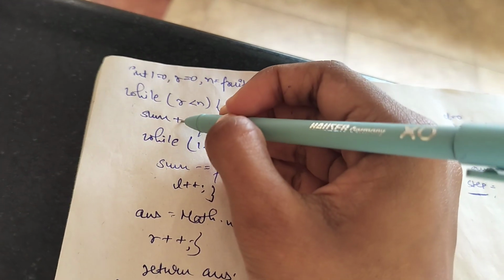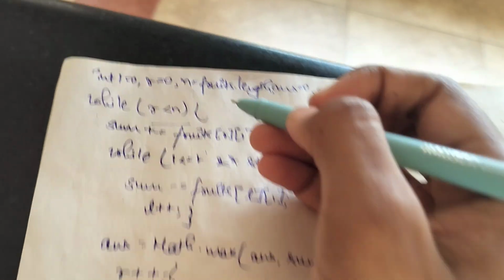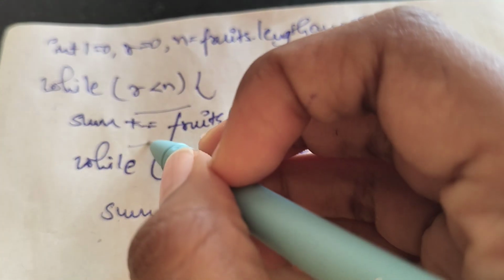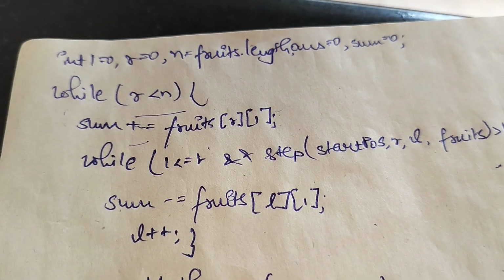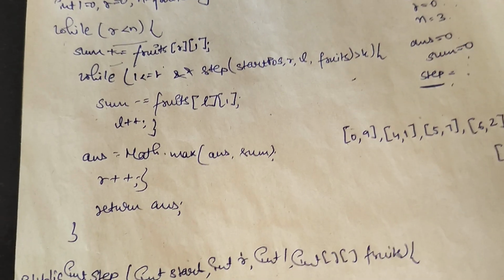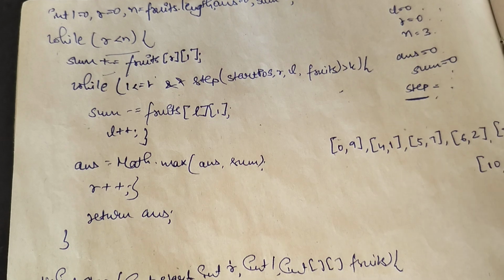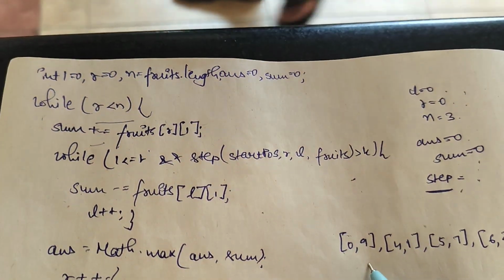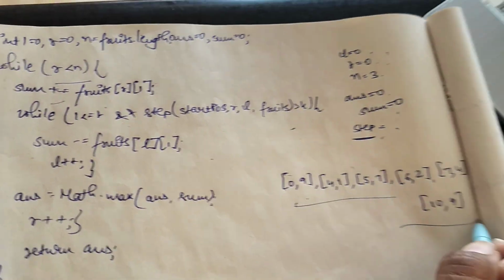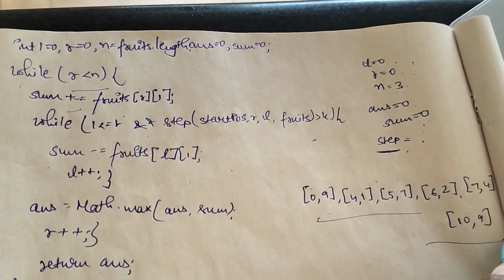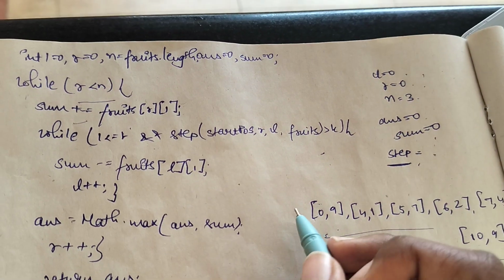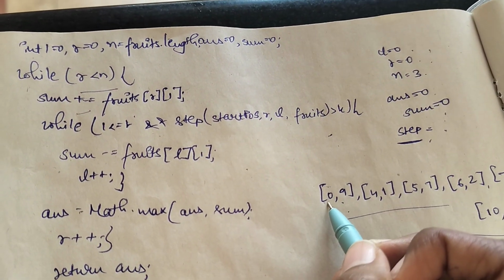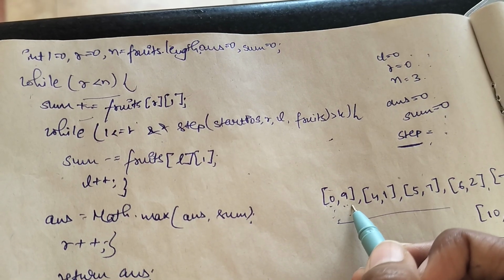While right is smaller than N, I am going to add to the sum: sum plus fruits[right][1]. This fruit array is a given 2D array. So right is 0 at present, so I'm going to add the amount 9.